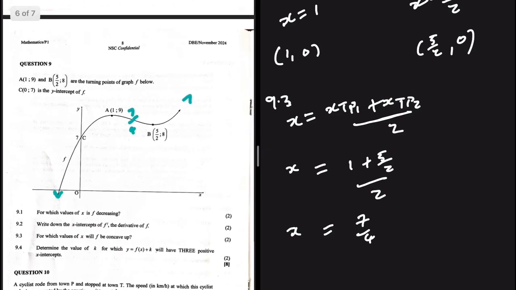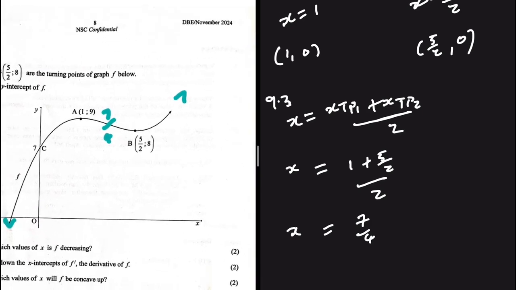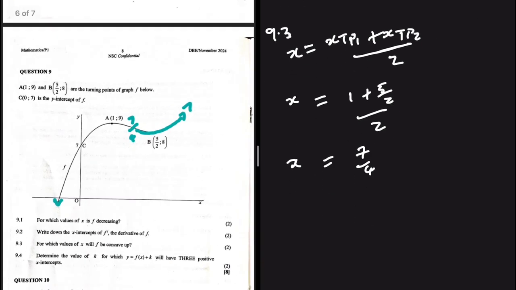So we're looking for the values of x for which it is concave up. So from 7 over 4 up until infinity, it is concave up. So what are we saying? We're saying that x can run from 7 over 4 up until infinity, that is 9.3, right?